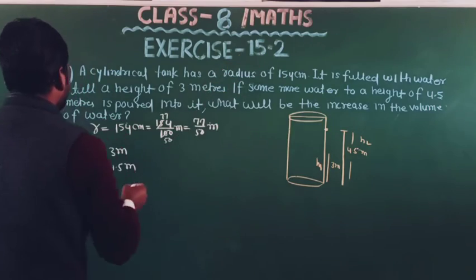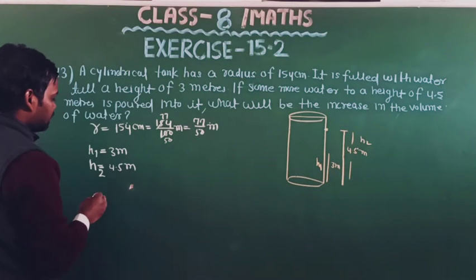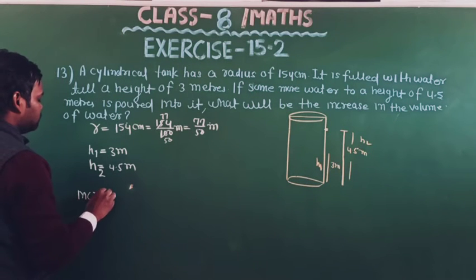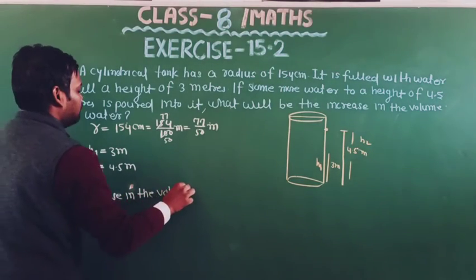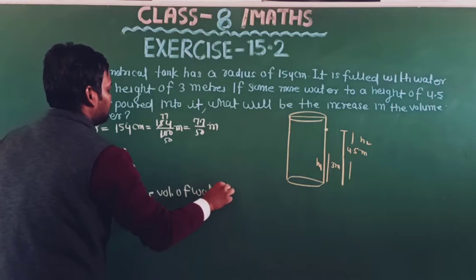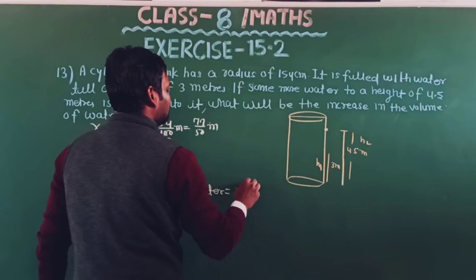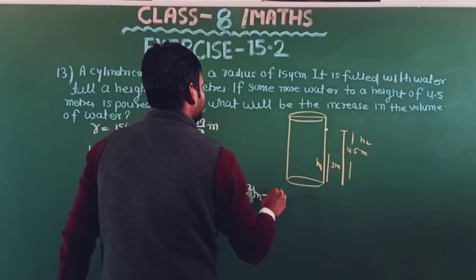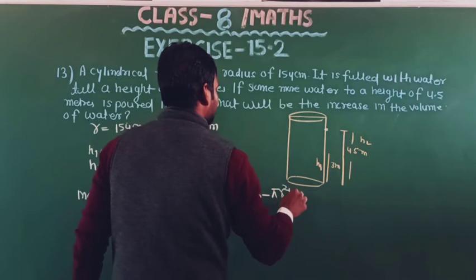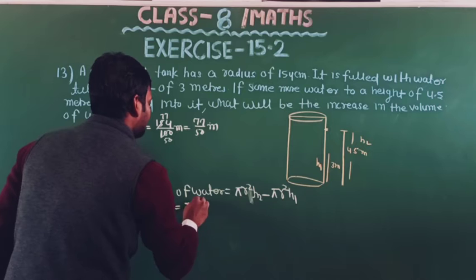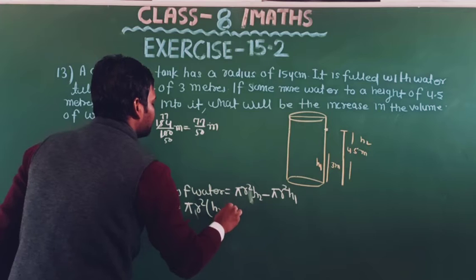So the increase in volume equals pi r square h2 minus pi r square h1. Pi r square is common, and this will be h2 minus h1.